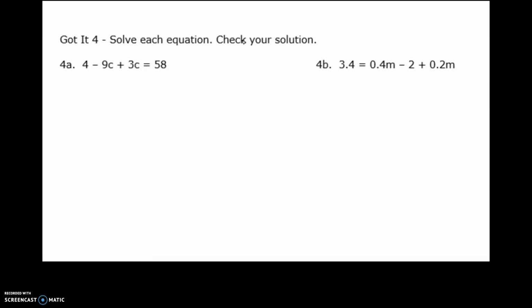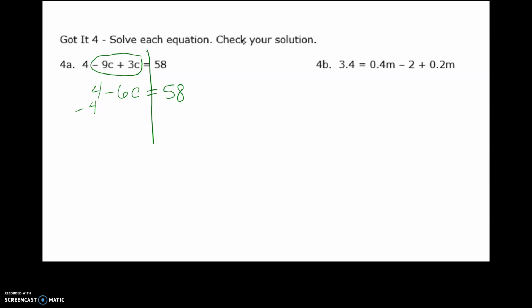Okay, you will have some questions where you have to simplify. So you have to simplify before you can get rid of things. I like to simplify first. So I would handle this negative 9c plus 3c. I get negative 6c here first.